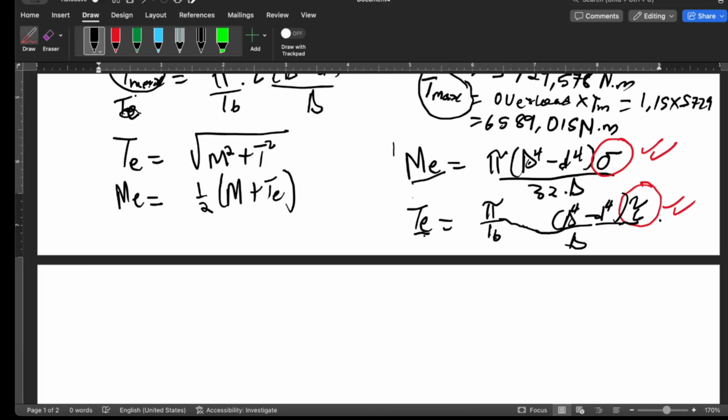The challenge comes: what about if you are given two of them? In this case, they want you to test which one you are going to use. So you'll use both of them. You calculate the diameters from this formula, and then you come and calculate the diameters from this one.